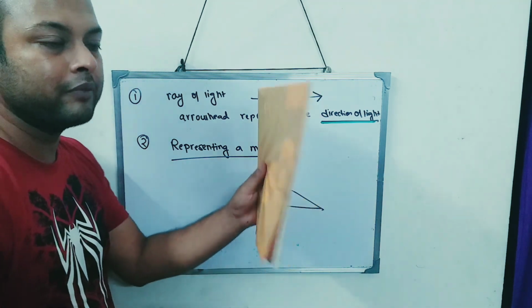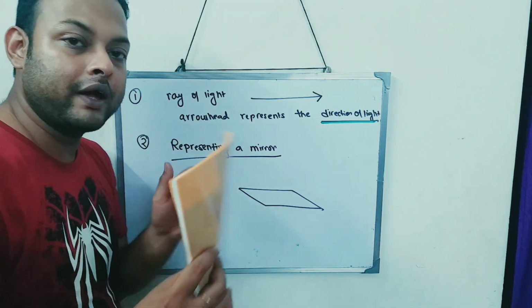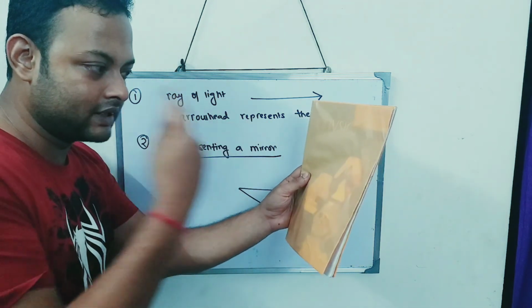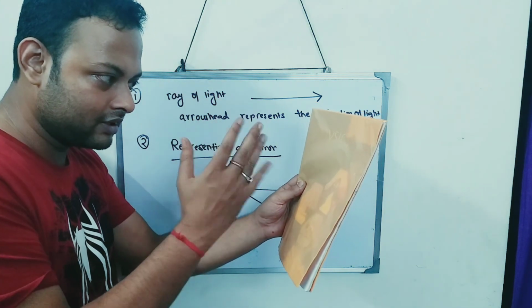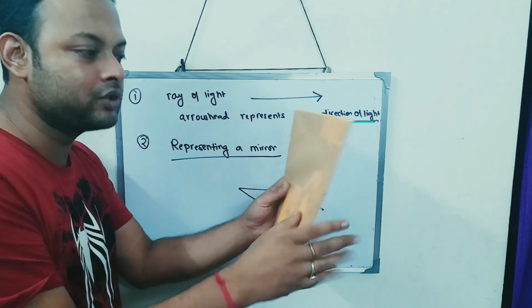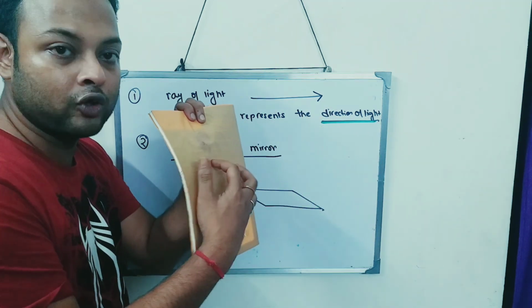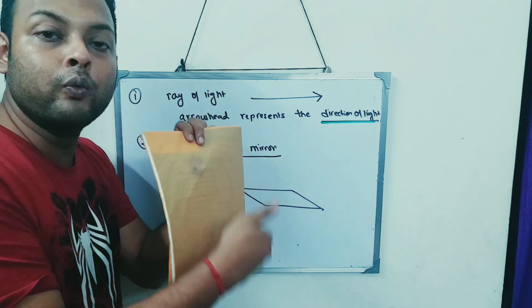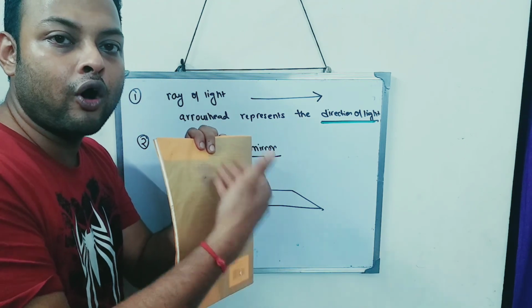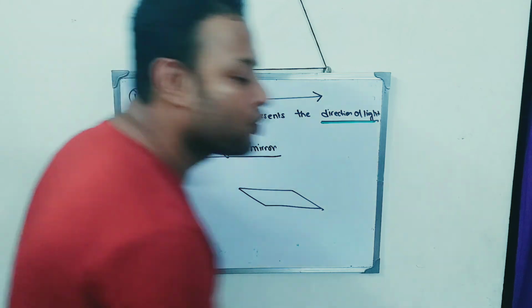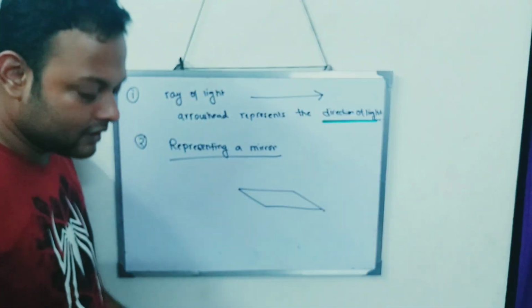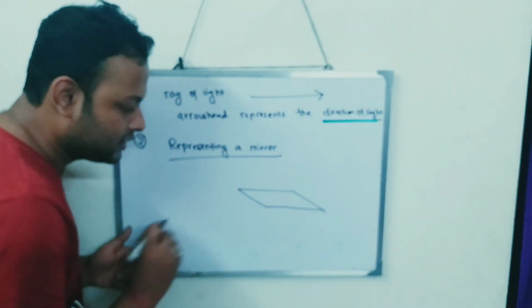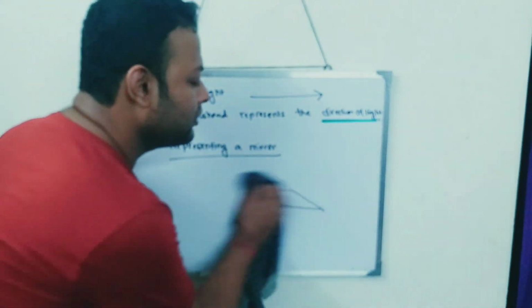So if you are seeing yourself in a mirror, suppose you can see your face in the mirror, it means the other side, the opposite side, this back side, is coated with aluminium or silver. So suppose this is my mirror.